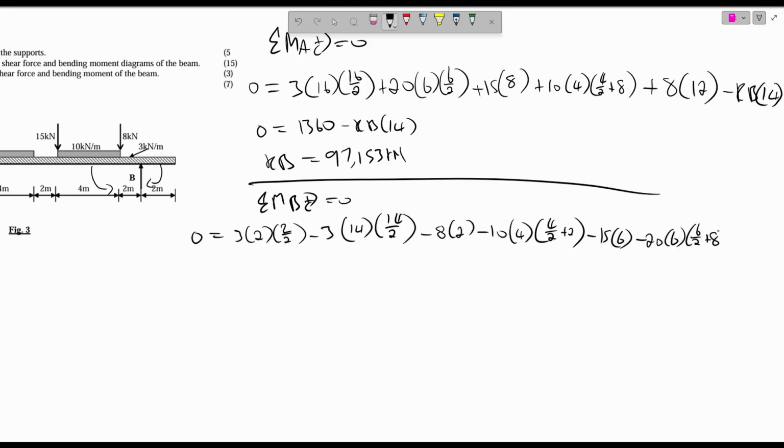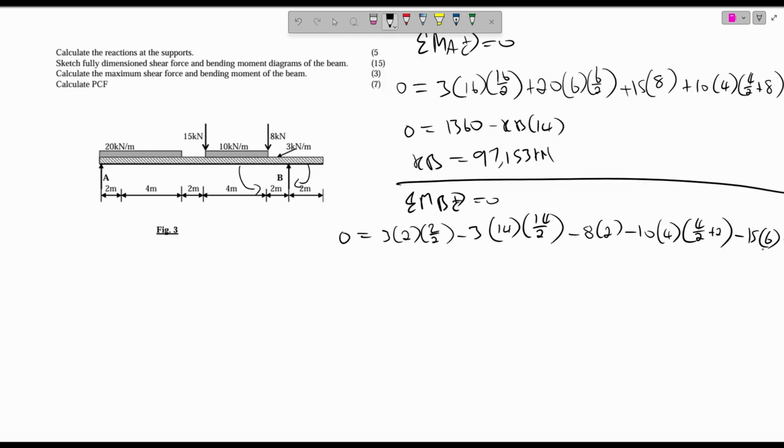And then we have our RA, which is going clockwise also. Our RA is going up, clockwise towards B. We have 2 plus 4 plus 2 plus 4 plus 2, which is 14.